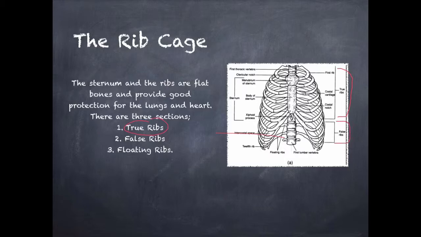And the reason you can separate the true ribs and the false ribs is the true ribs are connected almost directly to the sternum, with a little bit of cartilage here, but your false ribs are a lot more movable because the cartilage connecting to the sternum is a lot longer. And the last one, the third one, floating ribs, which is the bottom 2 ribs, they're not even connected to the sternum at all.